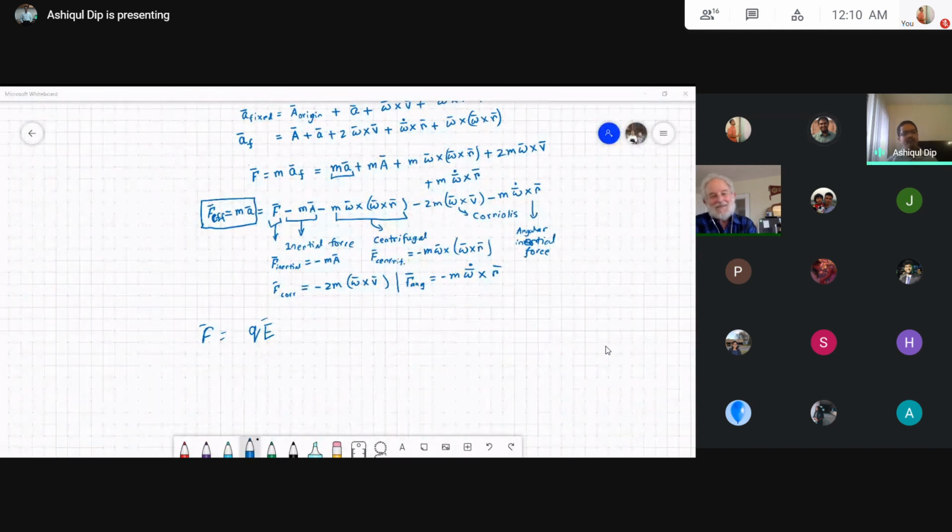Do you know any force that is proportional to mass? Which is proportional. I already gave an example: gravity. Exactly, gravity. Gravity is the only force known to man that is proportional to mass.